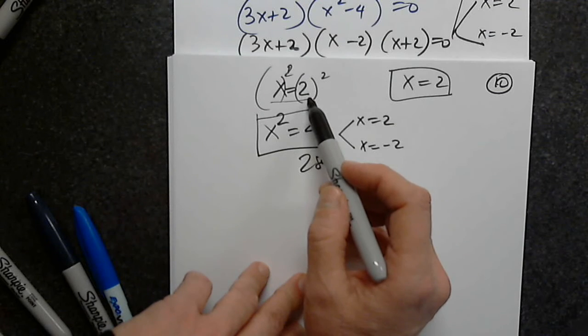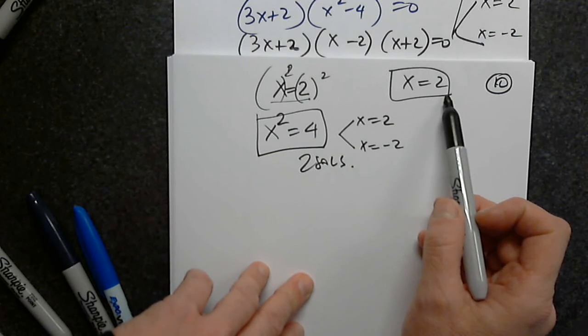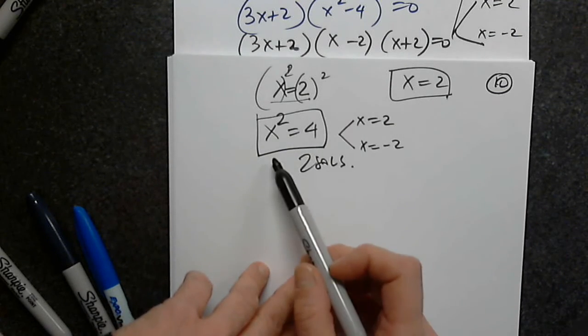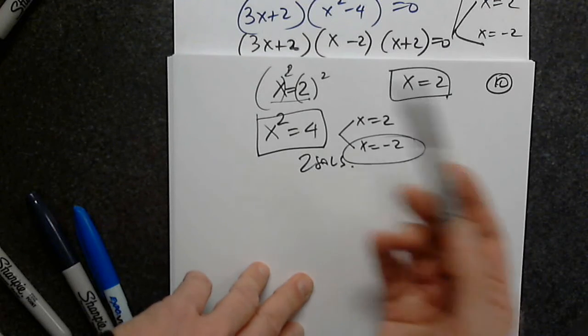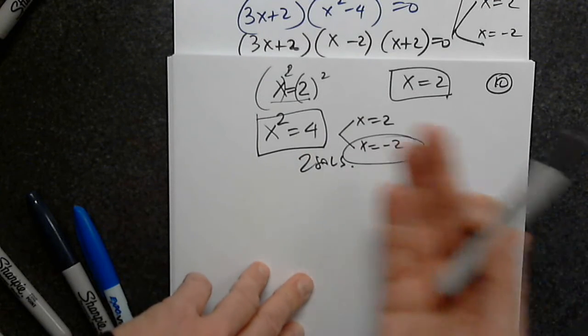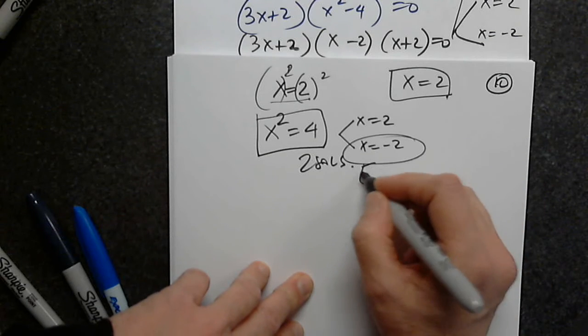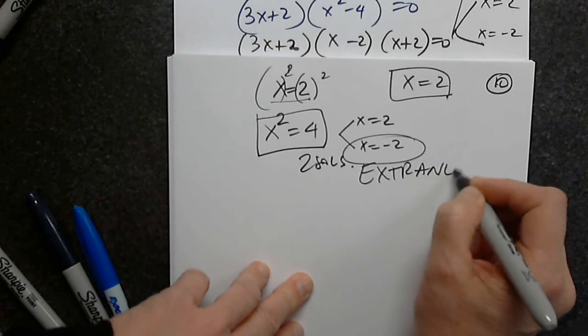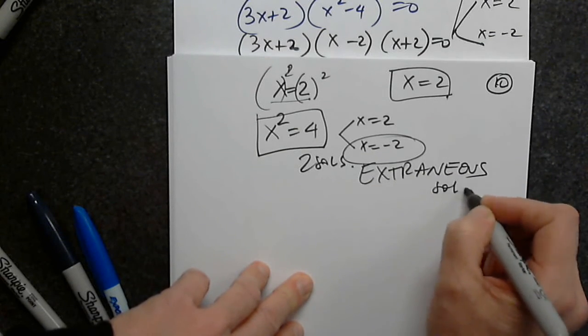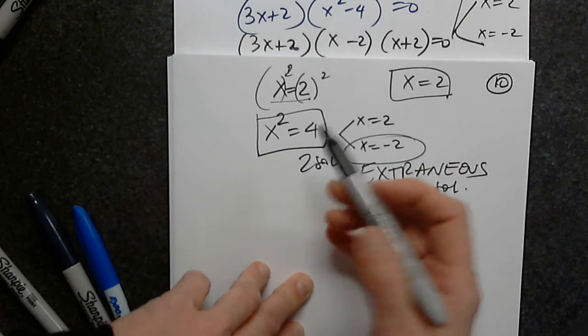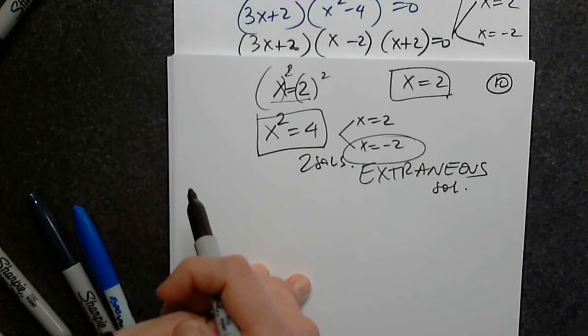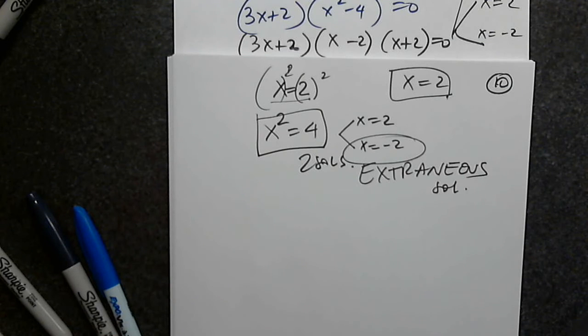So I started with x equals 2, which has only one solution. I squared both sides, and I got two solutions, but one of them has no place in here. This is called an extraneous solution. So I'm allowed to square both sides, but this is not a 100% legitimate operation.